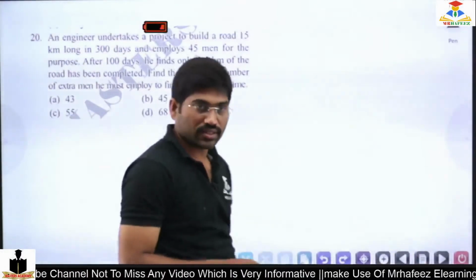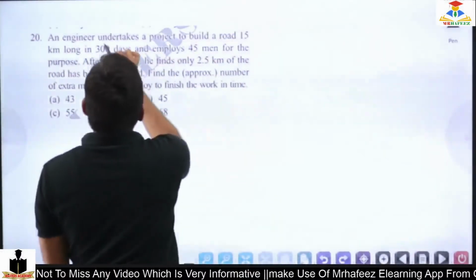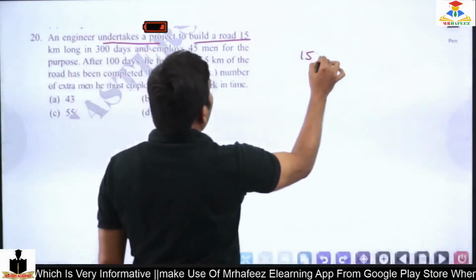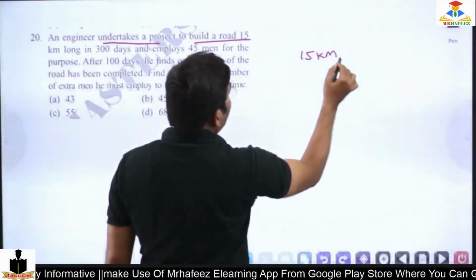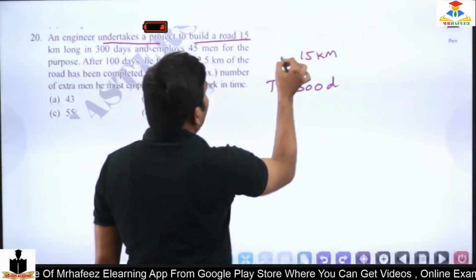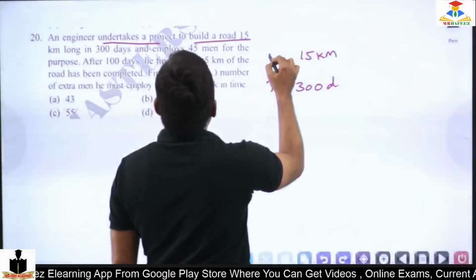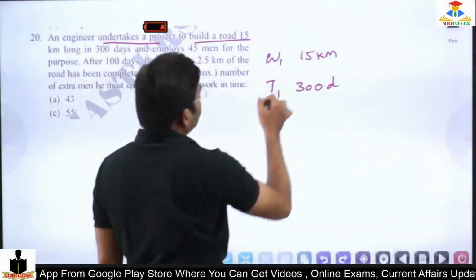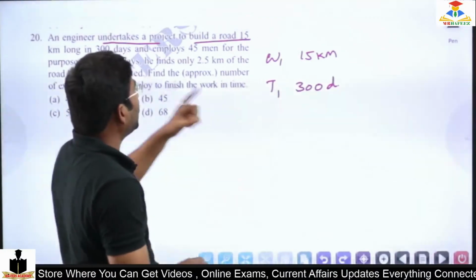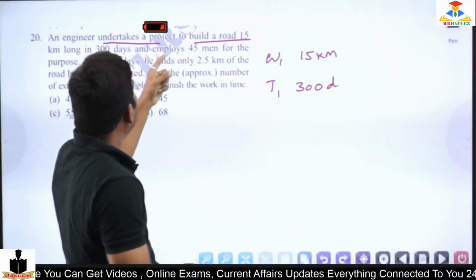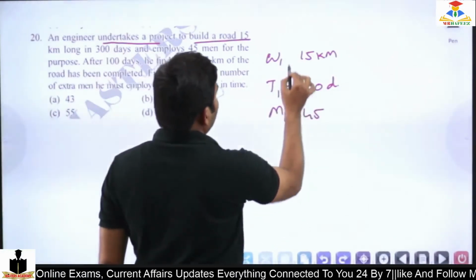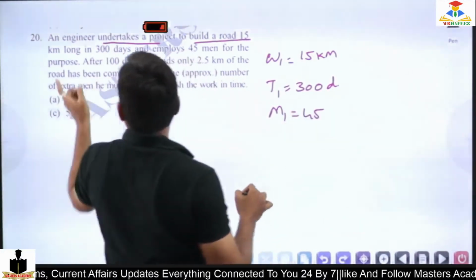Moving to the next question. An engineer undertakes a project to build a road 15 kilometers in 300 days. So 300 days is T1, and 15 kilometers work is W1. So W1 is 15 kilometers, T1 is 300, and employees M1 is 45. So 45 men for the purpose.